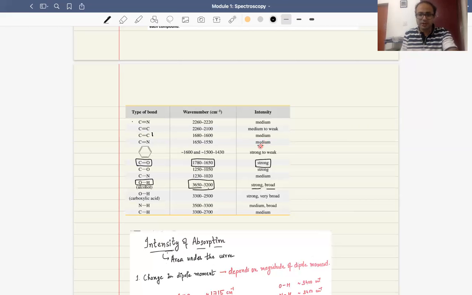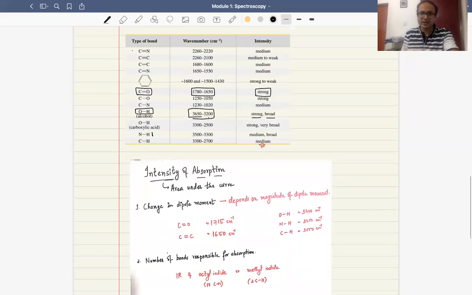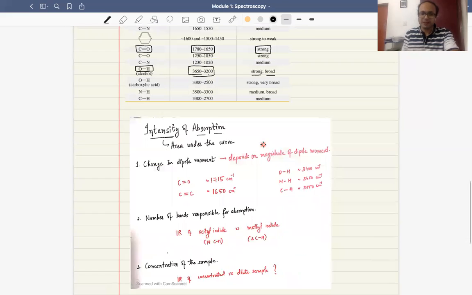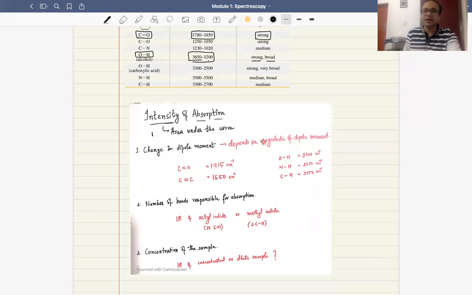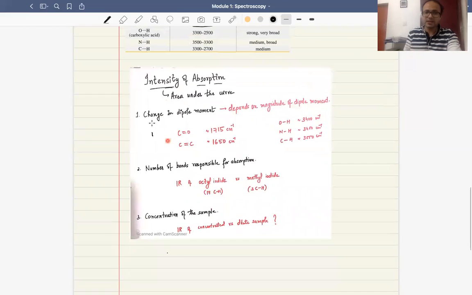That is what we are going to look into now. Basically, intensity is dependent upon three factors. One of them is the change in dipole. Another is the number of bonds responsible for the absorption. Third is the concentration of the sample.